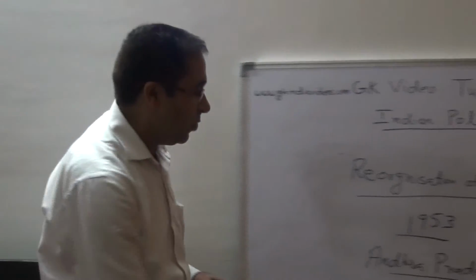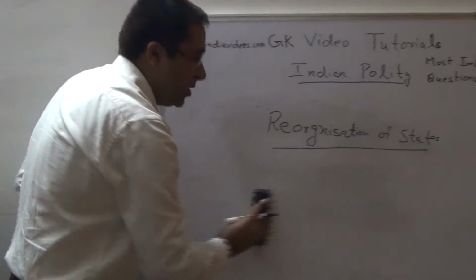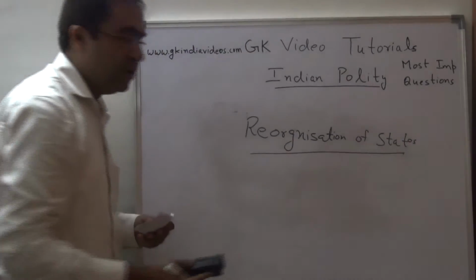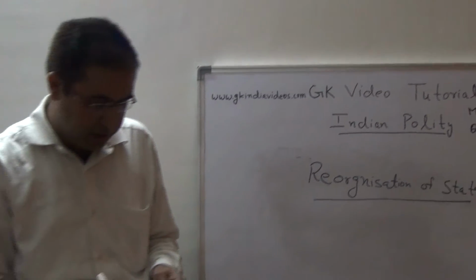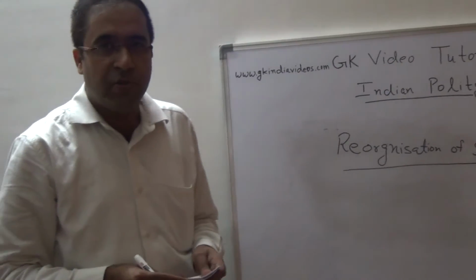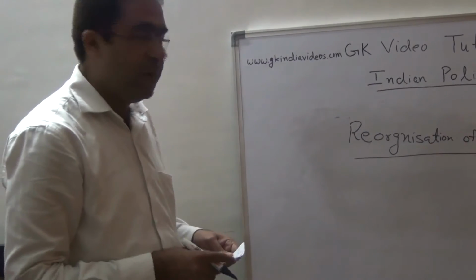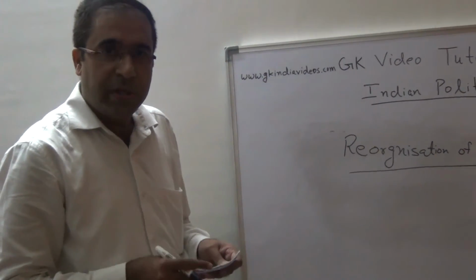After the formation of Andhra Pradesh, many protests were held in many states for further reorganization of the Indian states, and a committee was made to decide the issue of reorganization of the states on linguistic basis. And what were the members of that committee?